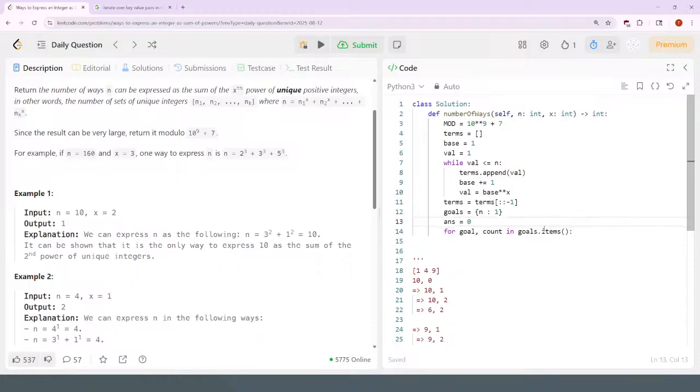I also need to have an index, don't I? Yeah, this needs to go index first, for every index in the range of the length of terms.